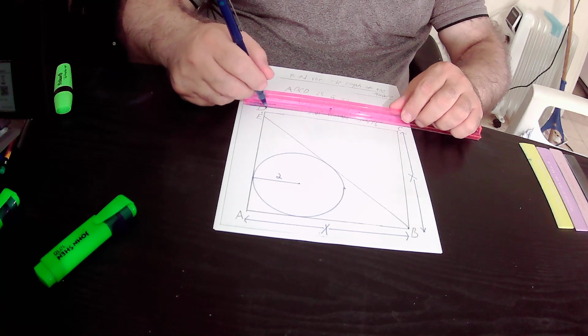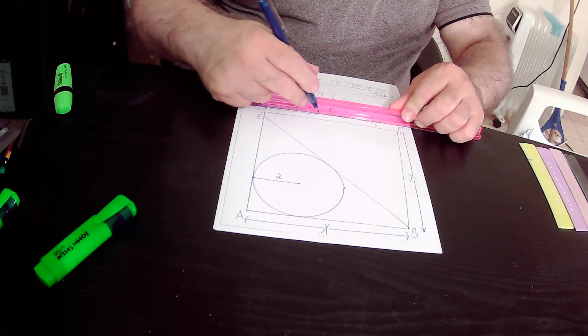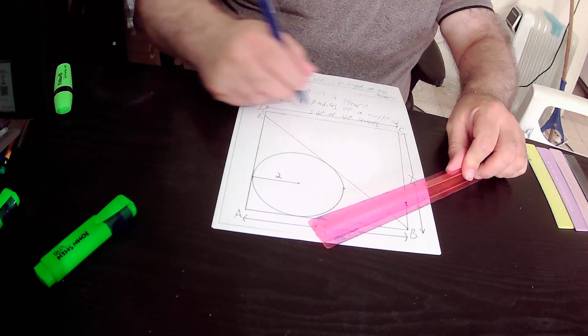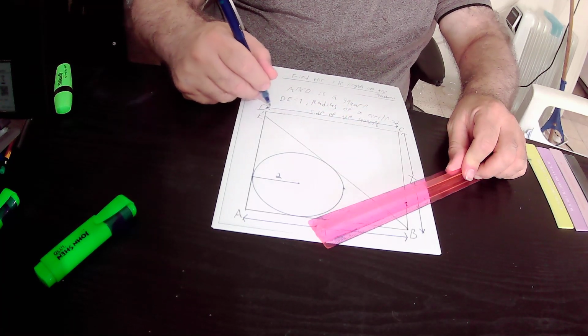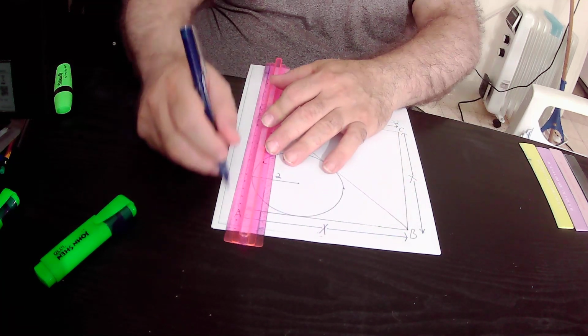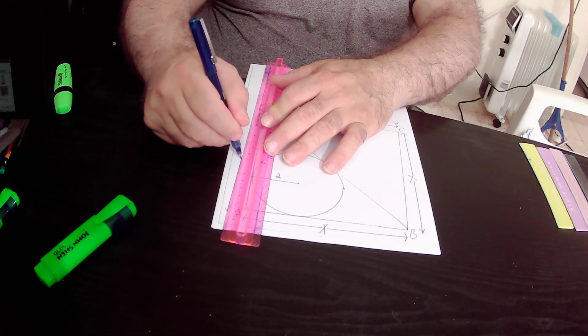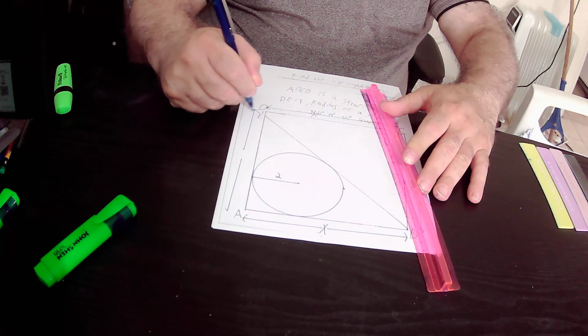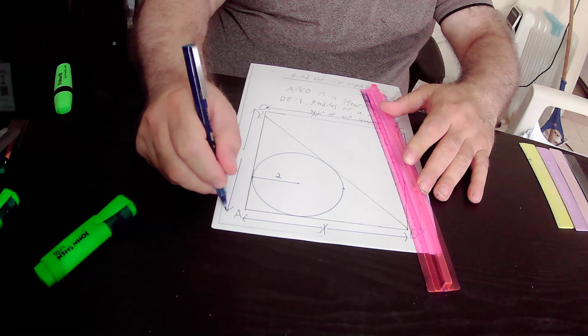CD will also be equal to x, and AD equals x. Okay.